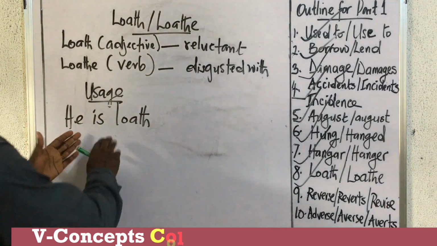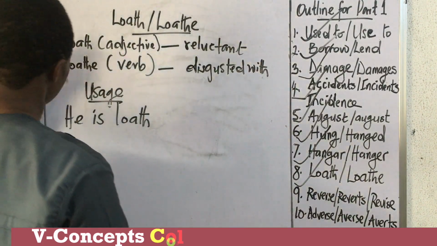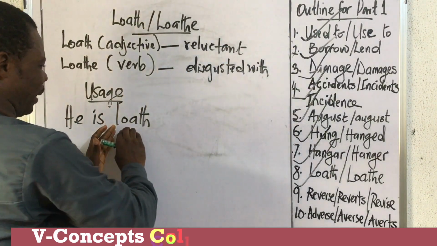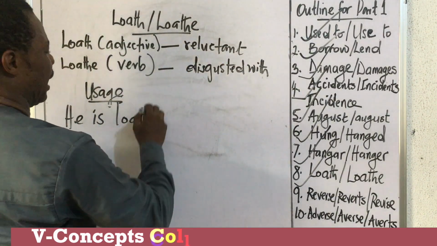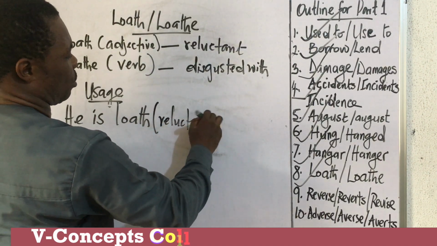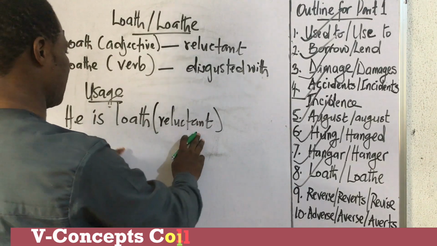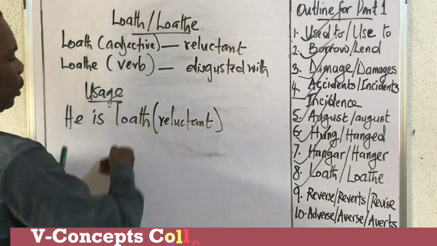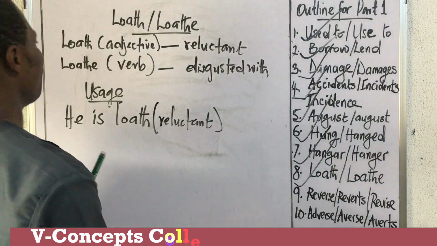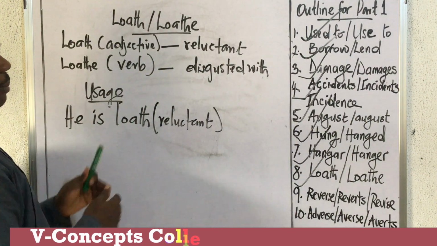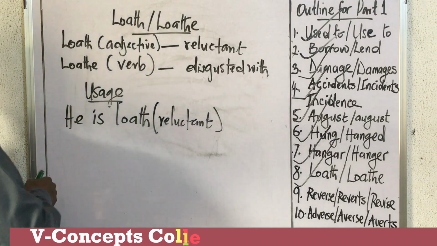How do you know it's perfect like this? Because it means reluctant. If you replace loath here with reluctant, it works: he is reluctant to work, so he is loath. But don't say he loath. Don't use it as a verb by adding s to it. Alright? So he is loath.